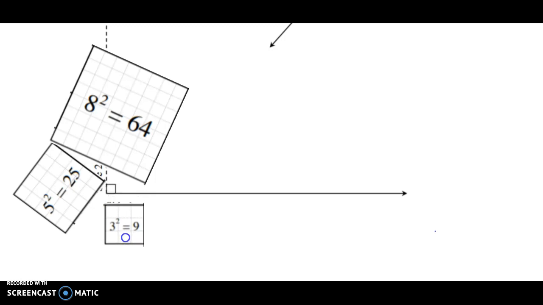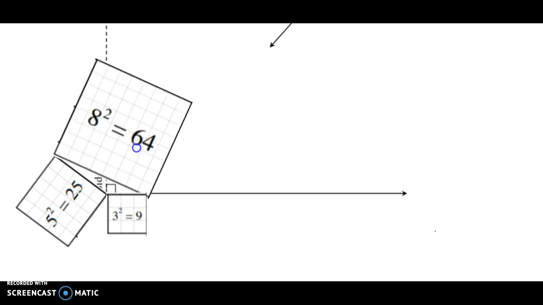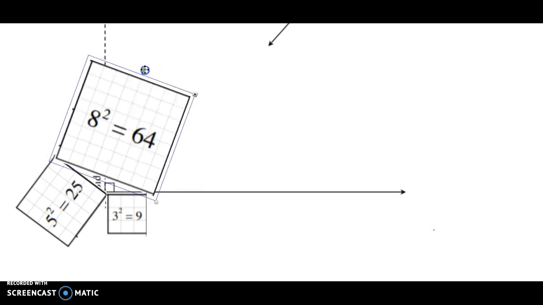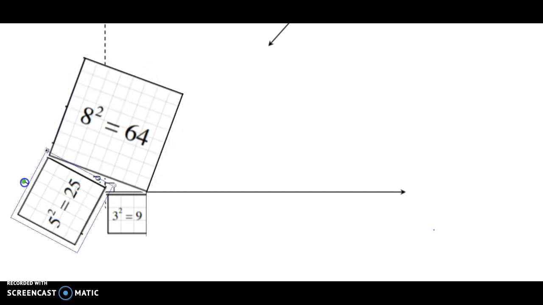Start off by taking the bottom square and putting it up against this corner. Then take the next squares and move them around to see how to make them fit so that they actually create another triangle.